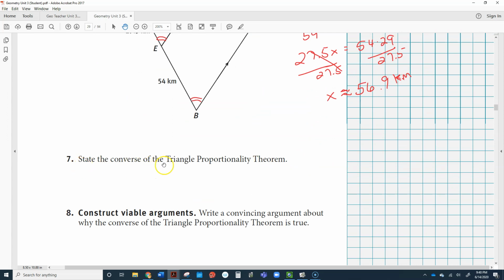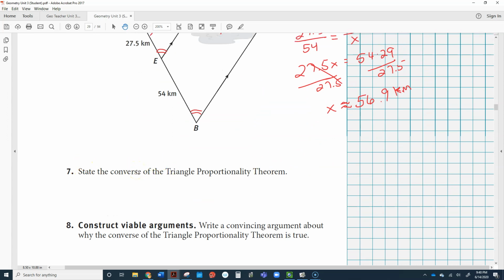So the converse of that would be if you have proportional pieces, then the lines are parallel. Now that's horrible, because you have to have a picture to know what I'm talking about, but that's the general idea. If you have proportional pieces, then those two lines are going to be parallel.